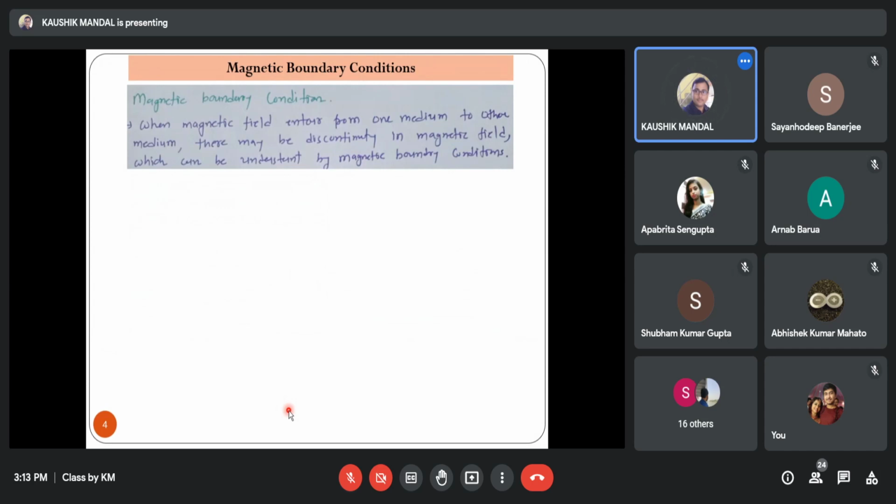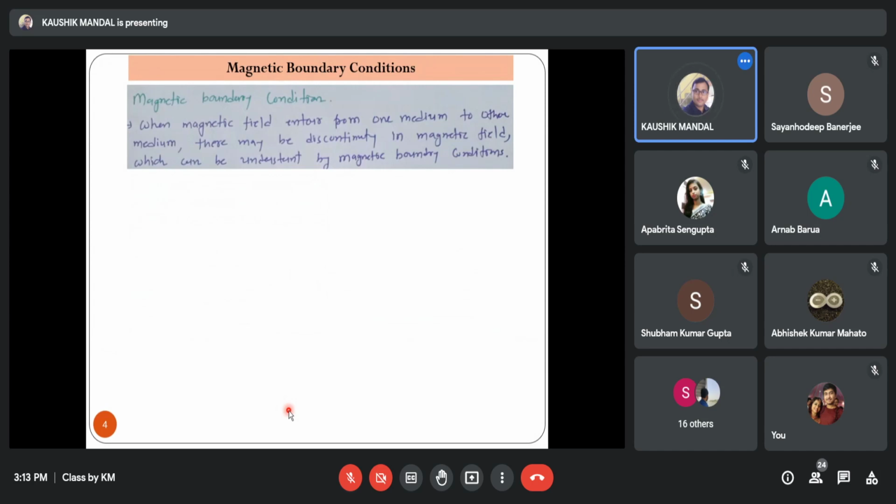So we discuss them to determine the discontinuity in the magnetic field when it travels from one medium to another.